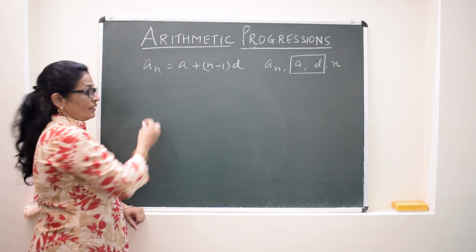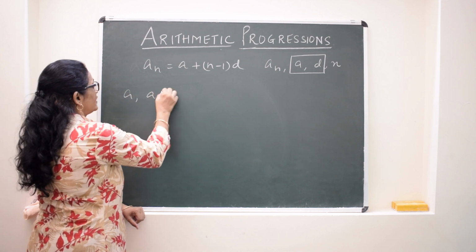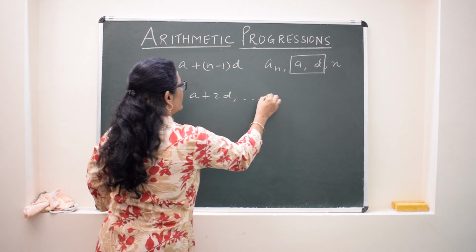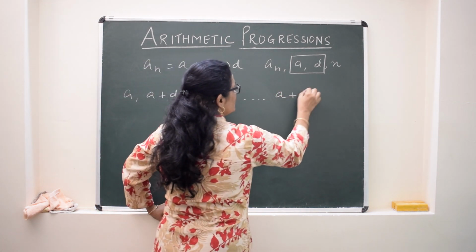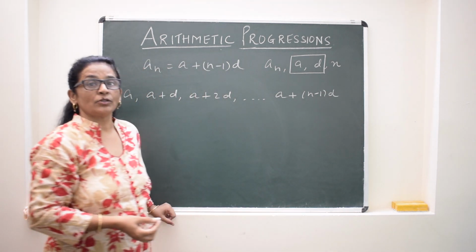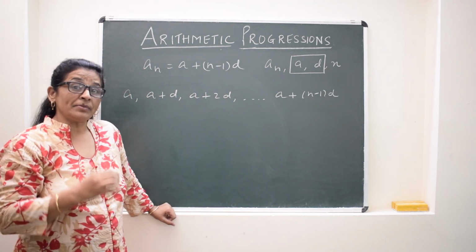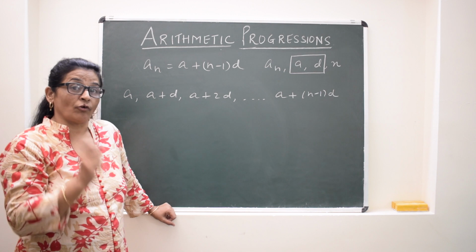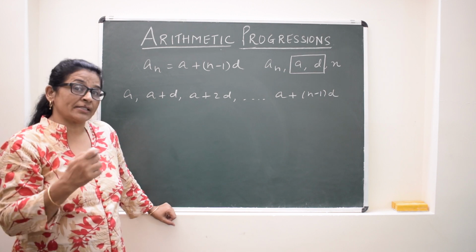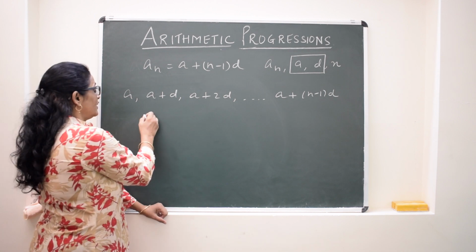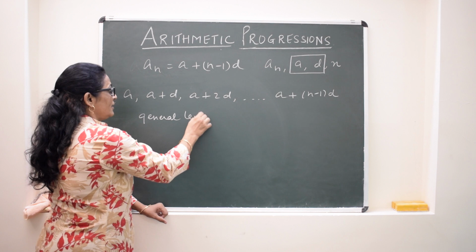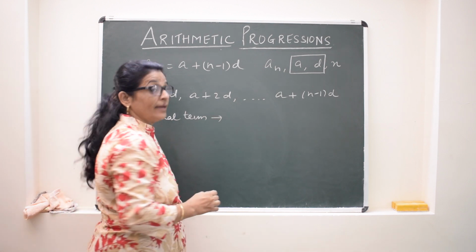For any AP, a general AP, that is a, a plus d, a plus 2d and so on, the nth term is a plus (n minus 1) into d. Sometimes the nth term is expressed in the form of n, or any sequence is given in such a way that its general term is given in the form of n.